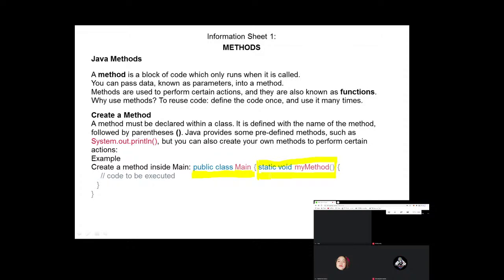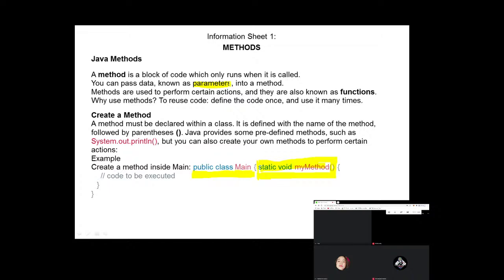Okay. So, in short, we have here a class Main, and inside the class Main, we have the void myMethod. This is an example of a method. And then this method has open and close parentheses. So, naani siya'y ginatawag na parameters na naa sa sulod sa parentheses.